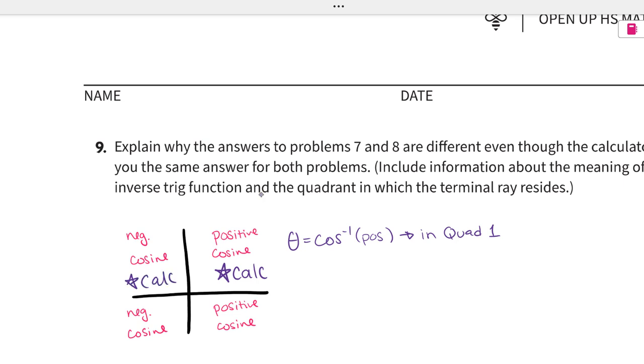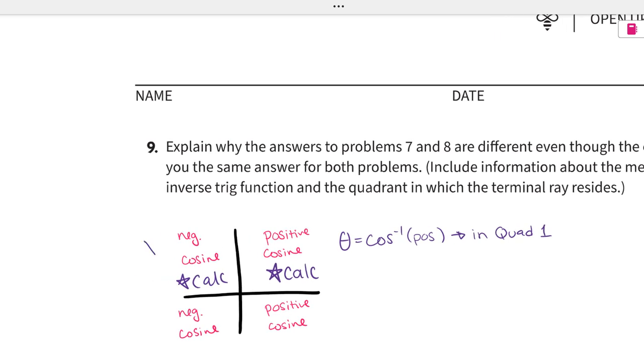But if we do theta equals cosine inverse of a negative number, it will always give us an angle in quadrant 2.